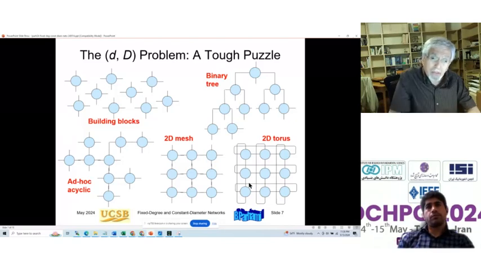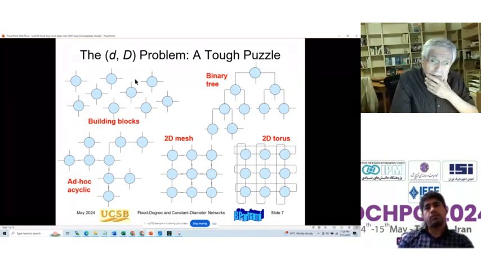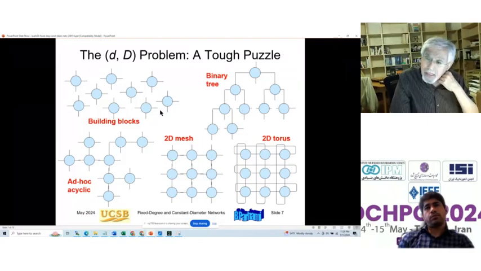Here I've shown a bunch of nodes at the upper left of my slide. All of them are of degree 4. And I want to interconnect them into a network for parallel processing. This can be done in a number of ways, many different ways, and I've shown some examples here.